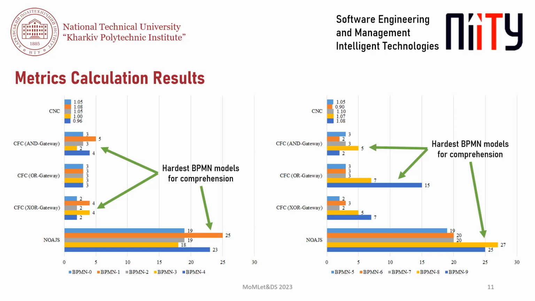And on the second picture, there are also the 8th model in yellow color and the 9th model in blue color, also shown as the hardest BPMN models for comprehension.